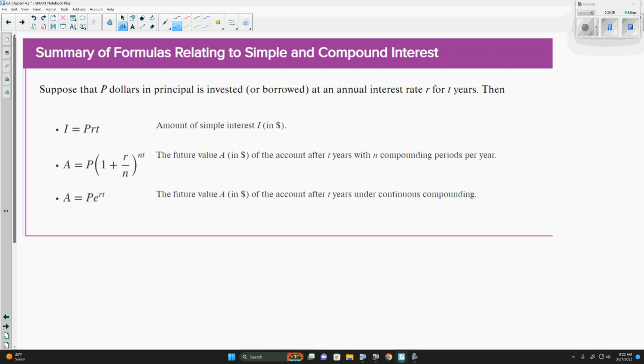So now we have three main equations here. Simple interest, which is our I equals PRT, principal, rate, and time.